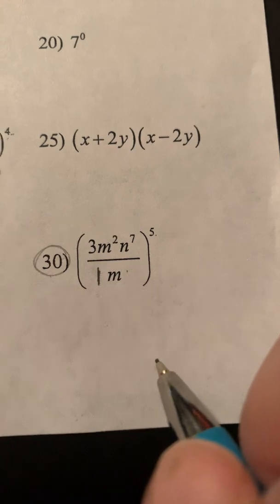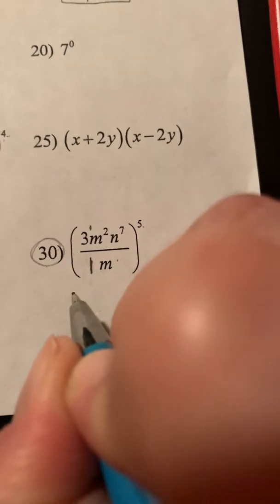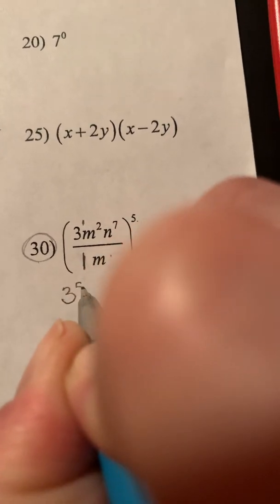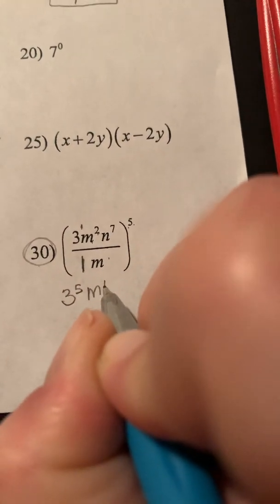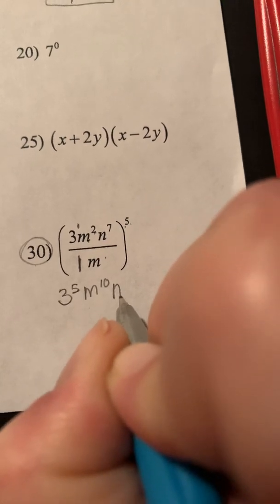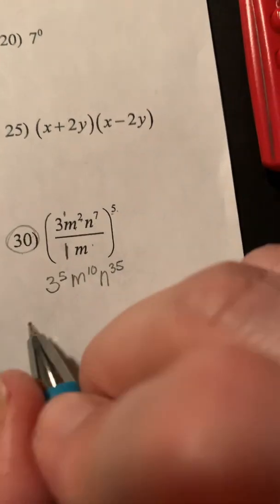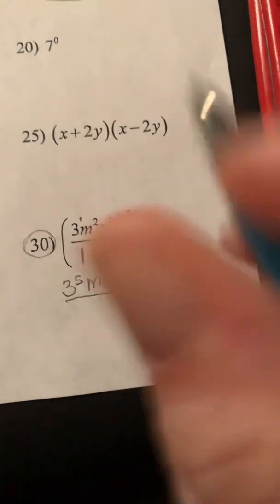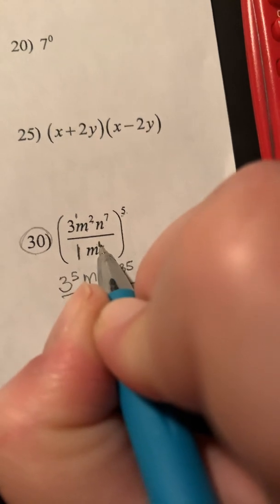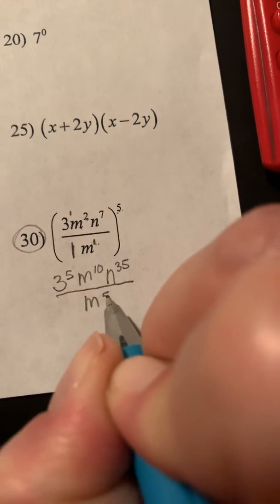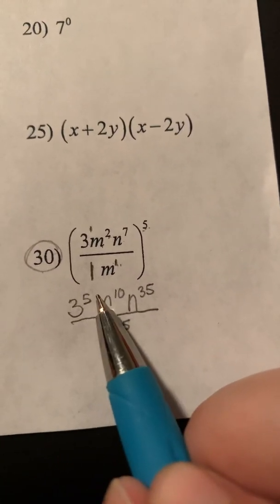So this 5 will raise this 3 to the 1st, so this will be 3 to the 5th. 2 times this 5, m to the 10th. 7 times this 5, 35. And 5 times this 1, m to the 5th.